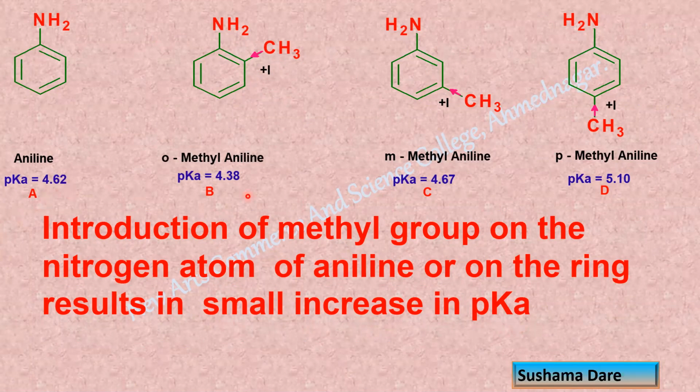You can see 4.62, 4.67, 5.10, a little bit of increase in the pK value, or we can say the plus I effect increases, therefore the basicity also increases. Except that in case of orthomethylaniline, there is a little bit of decrease in the basicity. So overall, we conclude that introduction of a methyl group on the nitrogen atom of aniline or on the ring results in a small increase in pK value.